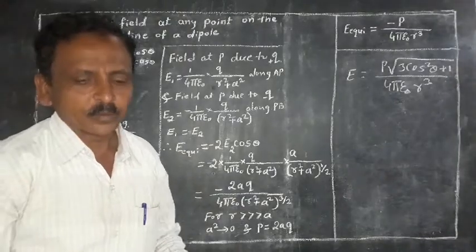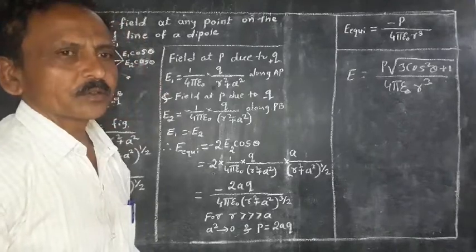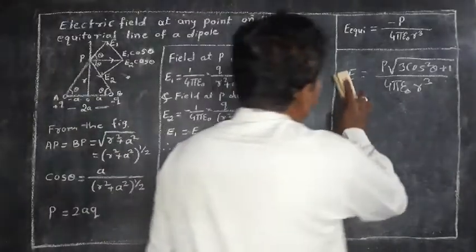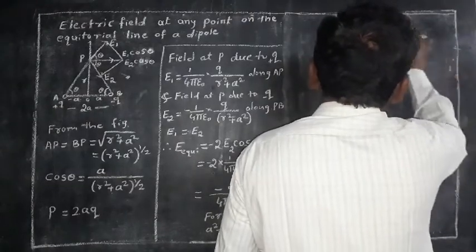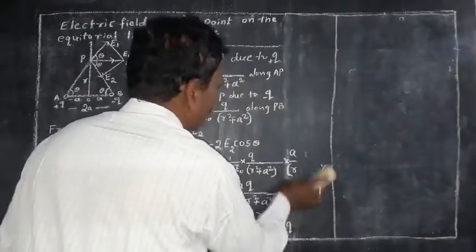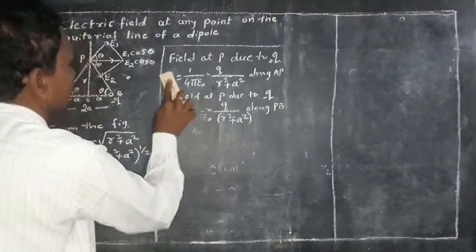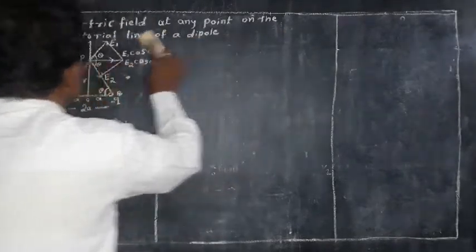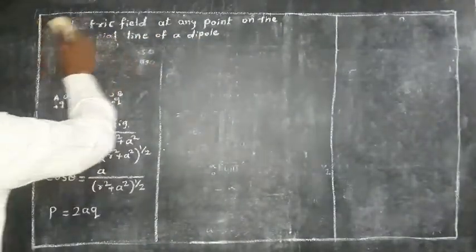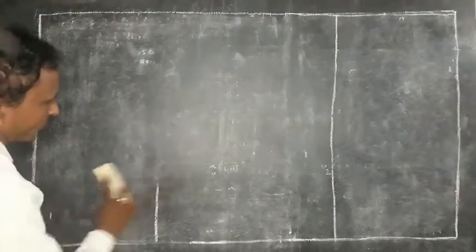Clear? Now we shall derive another quantity, that is torque. Torque acting on a dipole in a uniform electric field. In the first year you have studied torque acting on a rigid body.